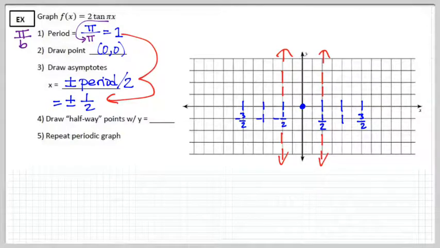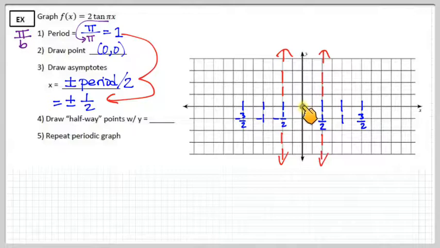Okay, so we have one point plotted out, and we already know that it's going to have this kind of general shape like that. But before we actually draw that in, we're going to plot 2 more points, and those 2 other points we're going to call halfway points. And what do I mean by halfway points?